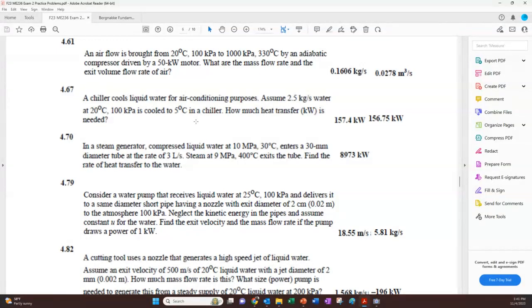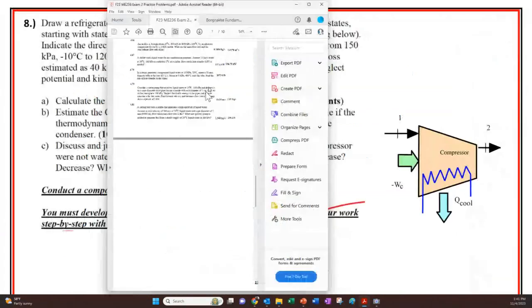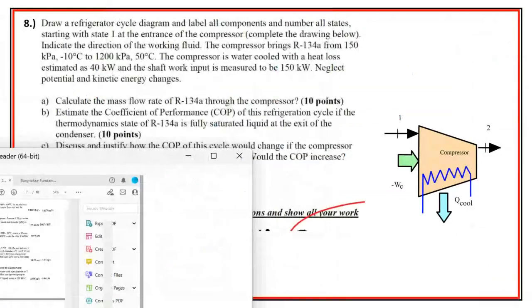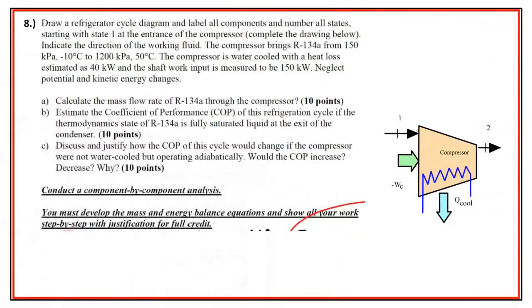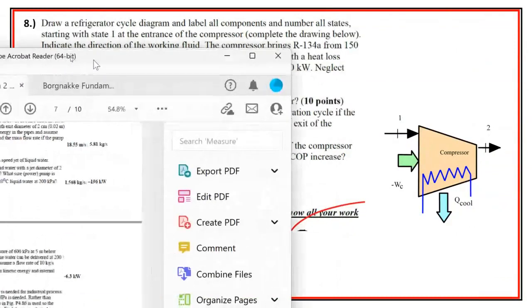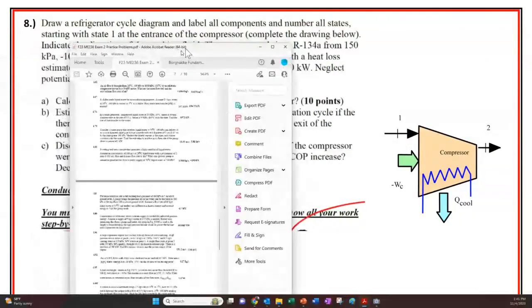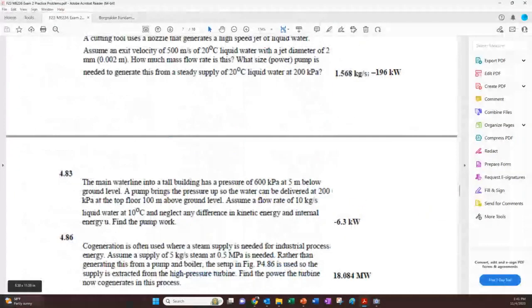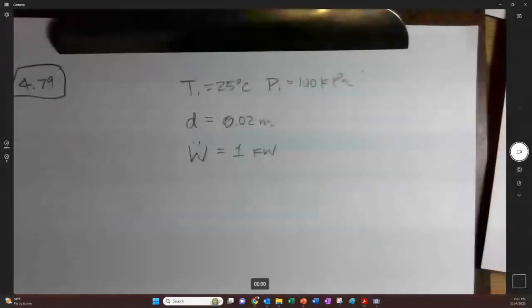All right, so I'll bring this over to the side so I can keep looking at it. No, I can't bring it over here. I actually have them printed out, so let me put it back over here. Where'd you go? Boom. All right. And this is problem 479.